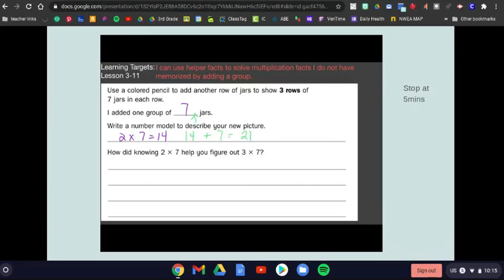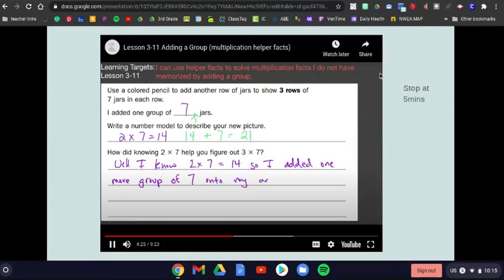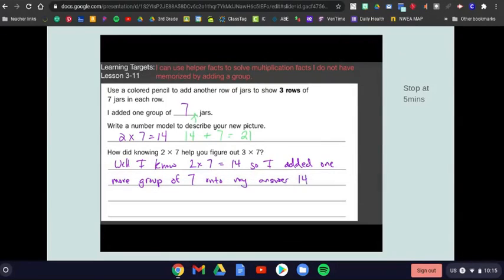And I could say something like, well, I know 2 times 7 equals 14. So I added one more group of 7 onto my answer, 14.